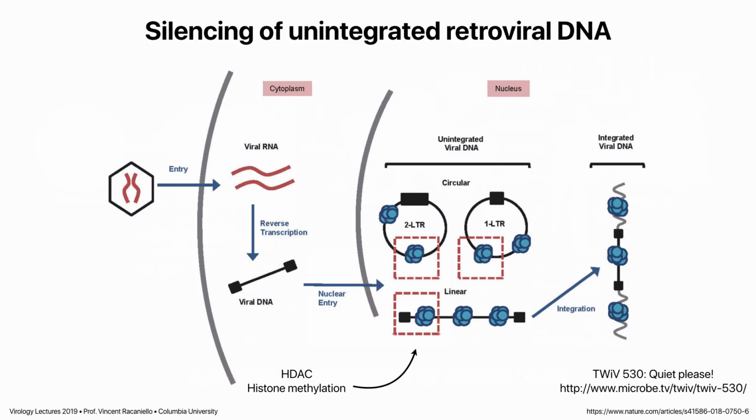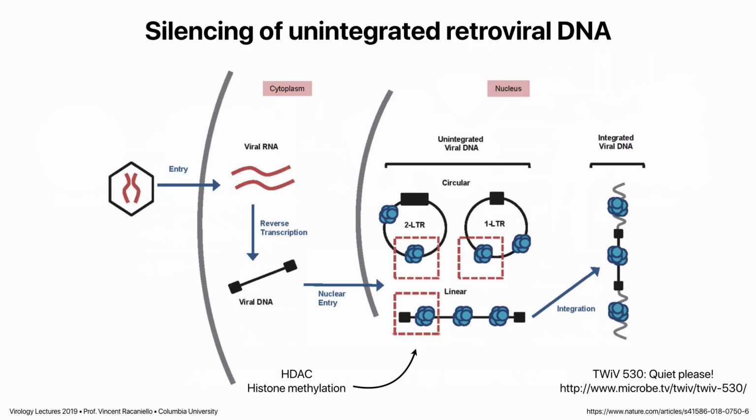These are all silenced by methylation of the histones, by deacetylation, because the cell doesn't want this genome to be expressed. So what's the countermeasure for this virus? It integrates into the host cell genome, into loose chromatin. Remember, I told you retroviruses like to integrate into areas which are being transcribed. So the escape here is that the DNA integrates in all the repressive marks.